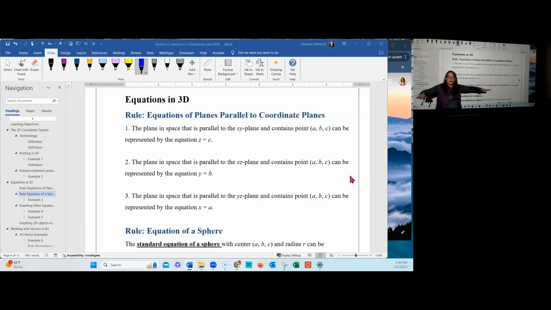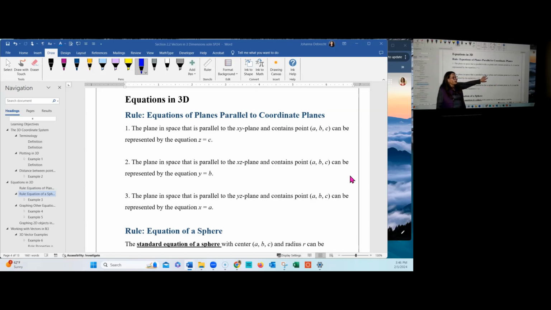If you want something parallel to that, then you simply have to write an equation that z is equal to a constant. So if I say z equals 5, then I'm talking about moving 5 units above the floor, and then I can go anywhere in this flat plane area, like a flat sheet of paper, but I'm at a height of 5. That's a way to visualize it.